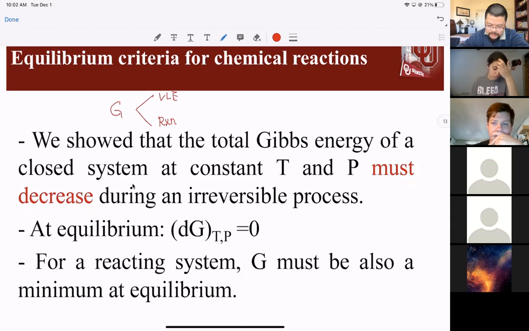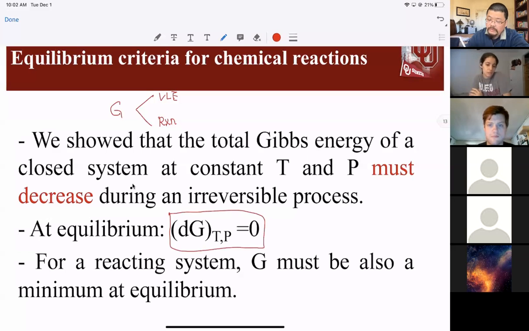So this is a previous slide where we know that the Gibbs energy shall have the minimum or shall have the partial derivative goes zero when you reach the equilibrium. So that is the condition we are going to utilize.